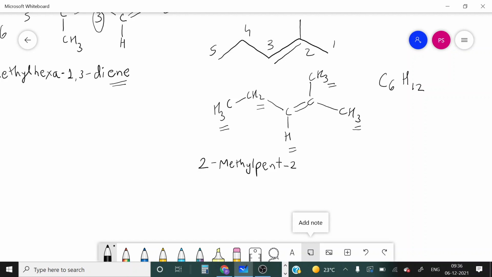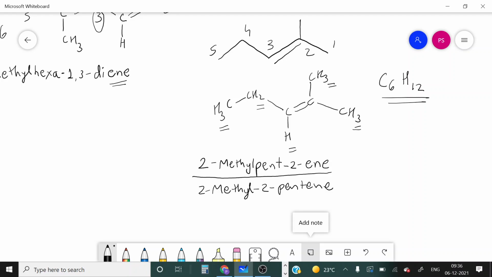Pent-2-ene. No space while writing the IUPAC name. 2-methylpent-2-ene, or you can write 2-methyl-2-pentene, 2-methyl 2-pentene, or 2-methylpent-2-ene.